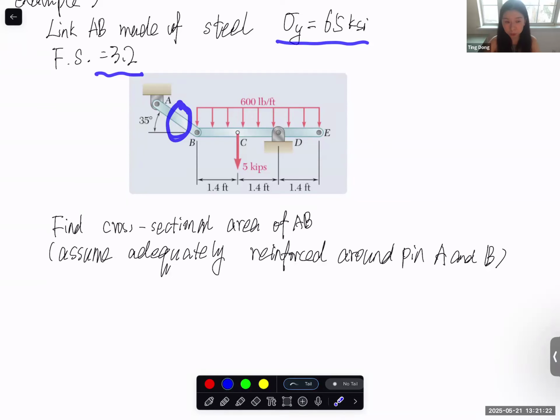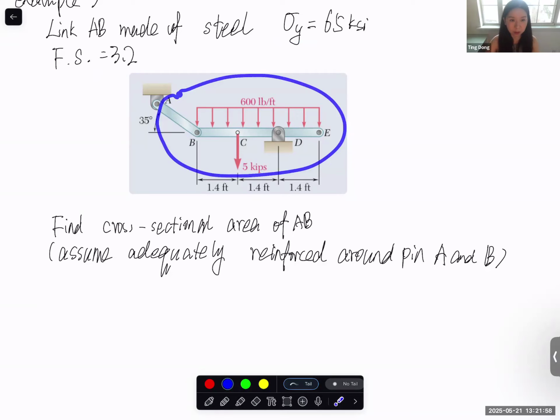But the first step, we need to figure out the internal normal force in the AB section, right? How to find the internal normal force in the AB section? Well, stress in AB should be equal to internal normal force over the cross-section area. So cross-section area is something we need to calculate later. But how to find the internal normal force in the AB section? Free body diagram. Yes, thank you. We have different ways to do a free body diagram.